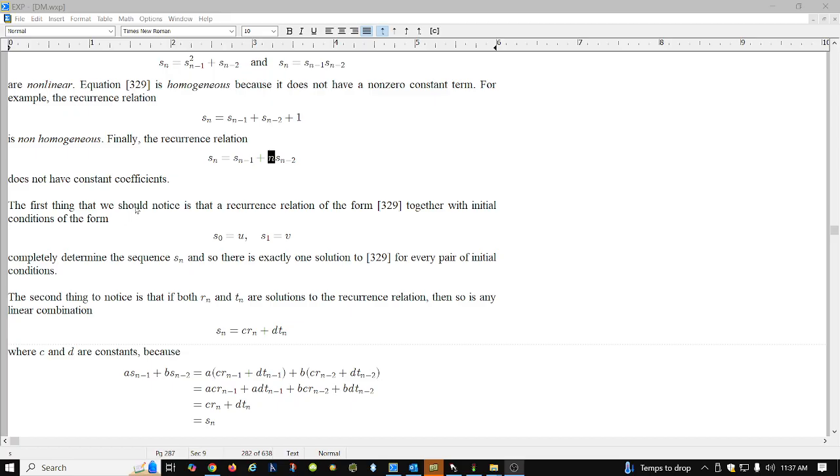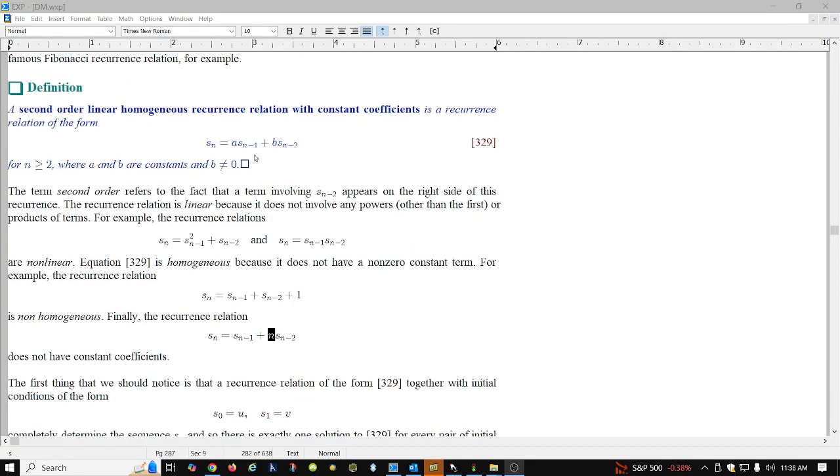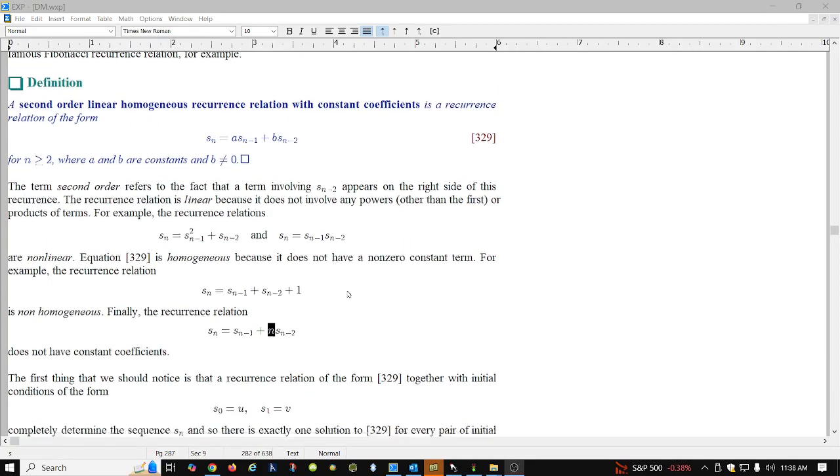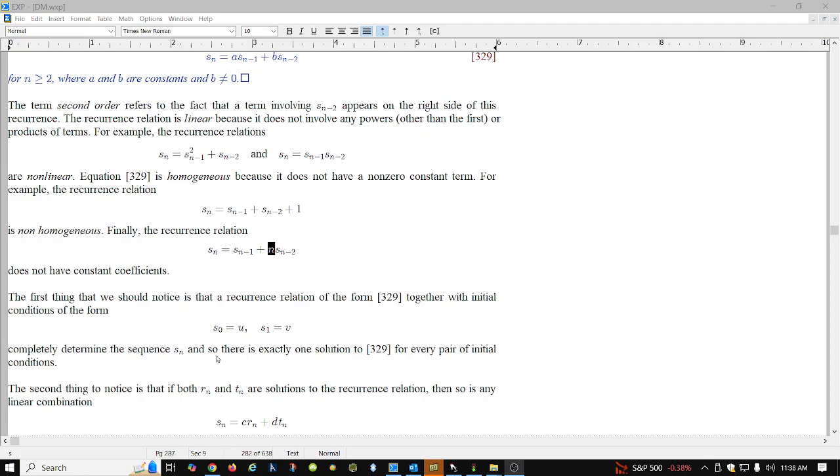The first thing that we should notice is that a recurrence relation of this form, together with the two initial conditions, S naught equals U and S1 equals V, where U and V are known, completely determine the sequence Sn. In other words, there's exactly one solution to this recurrence relation for each pair of initial conditions.